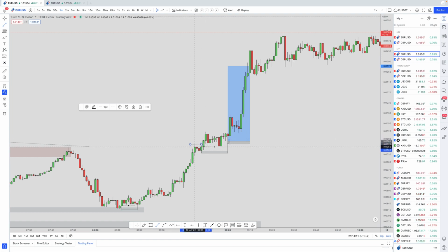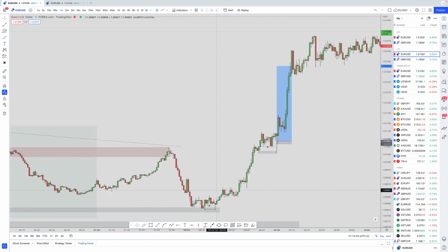You see price going bullish, breaking structure, and it is even providing you equal lows. So you could understand that at the opening it will probably get you in here and take off.